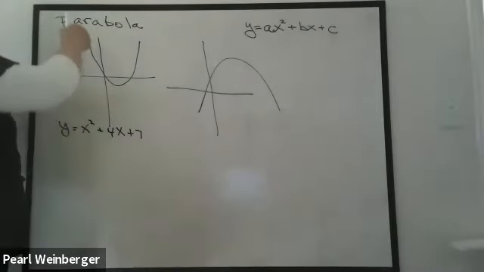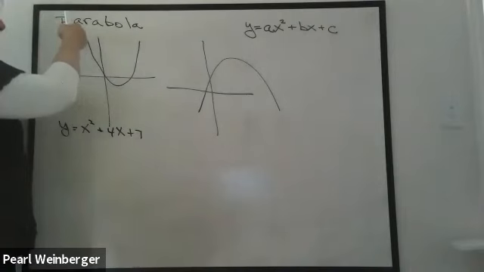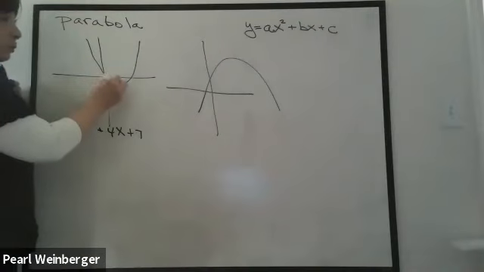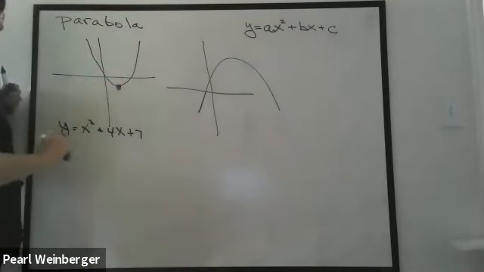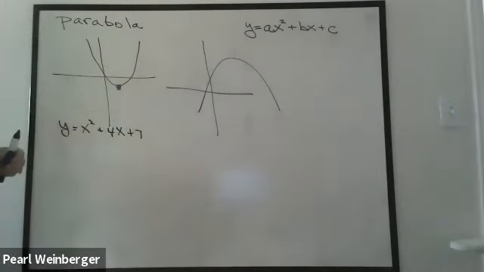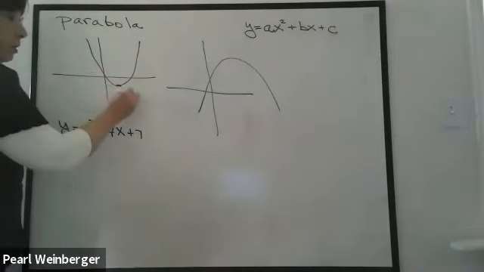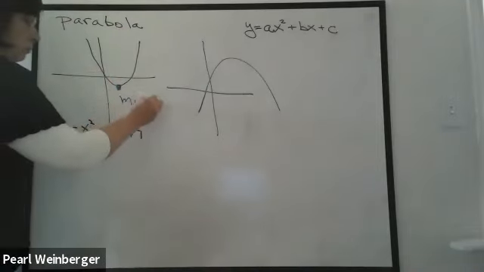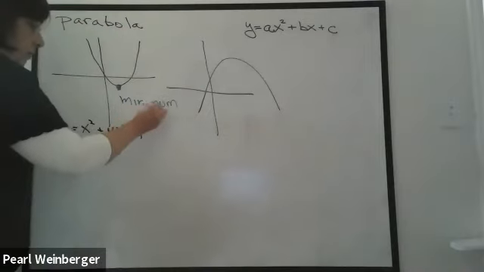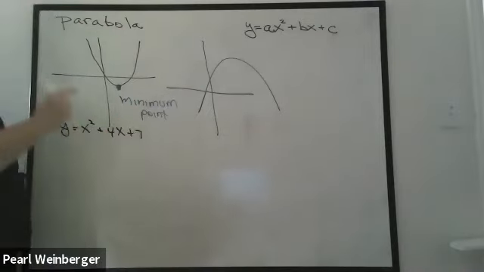If I were going along this parabola, I'd be going down, down, down, down, down, until I got to this point. And suddenly I'm turning around. In other words, this point happens to be what we call a minimum point of the graph. It's the lowest point of the graph.